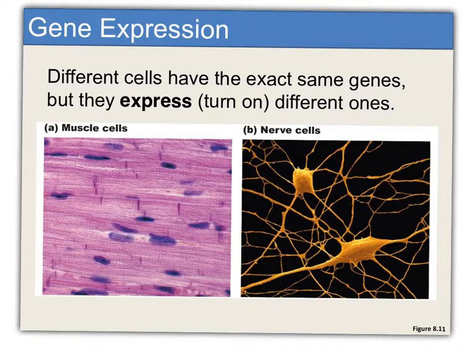So in a muscle cell, right here, certain genes will turn on and off, and you'll end up with a muscle cell. In each cell there's a nucleus.